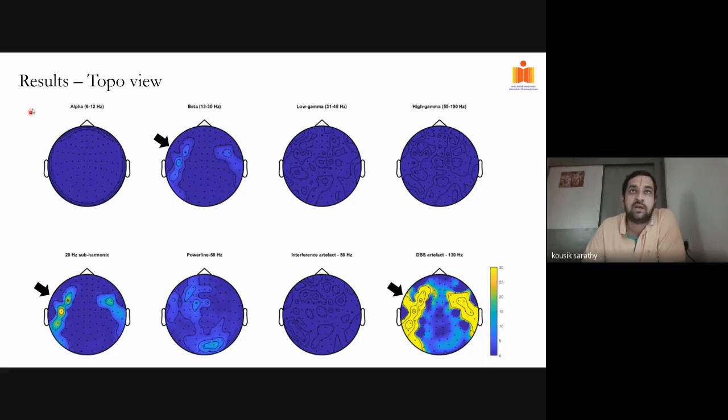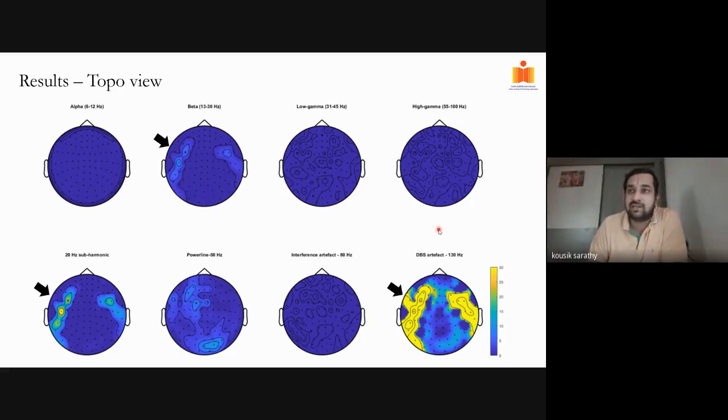And if we look at the top 4 plots, which is typically what is studied in neuroscience, you can see that the alpha, low gamma, and high gamma topographical plots don't really match with the DBS artifact or the subharmonic, whereas the beta, which actually has the subharmonic peak as well, right? Because it goes from 13 to 30, that has a topographical representation which is very similar to the beta peak.